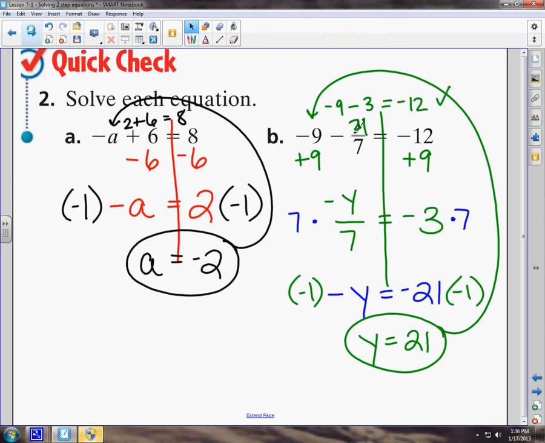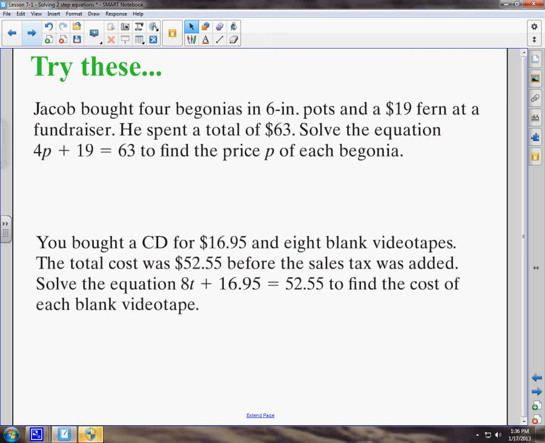All right, here's a couple story problems. Jacob bought 4 begonias in 6-inch pots and a $19 fern at a fundraiser. He spent a total of $63. Solve the equation 4p plus 19 equals 63 to find the price of each begonia. Try this problem and then I will correct it.